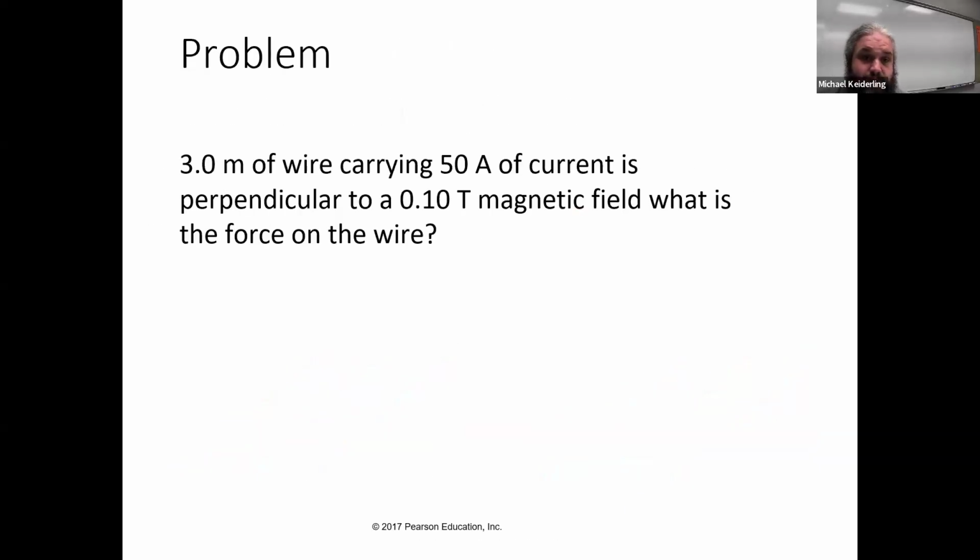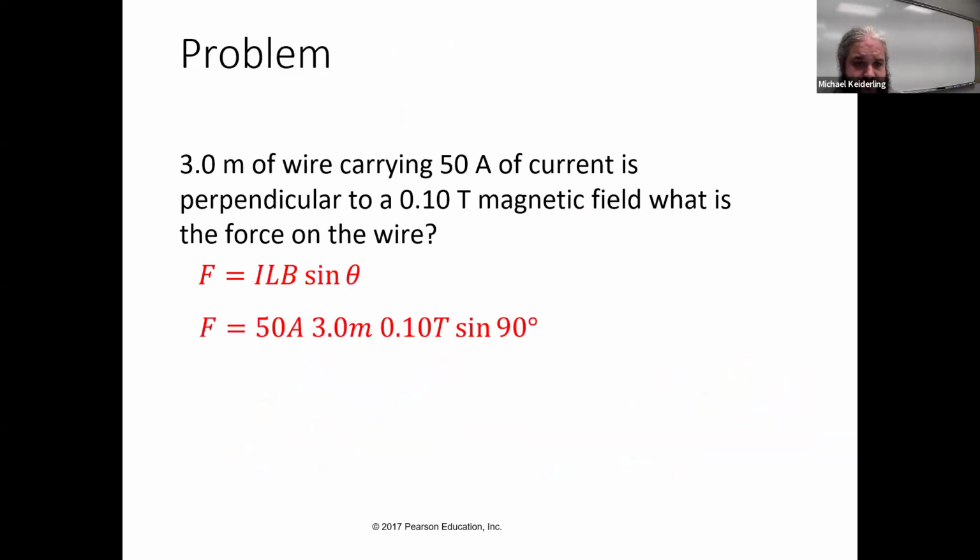So if you have 3 meters of wire containing 50 amps of current perpendicular to a 0.1 Tesla magnetic field, what would the force on the wire be? Again, force is current times length times magnetic field times the sine of the angle.